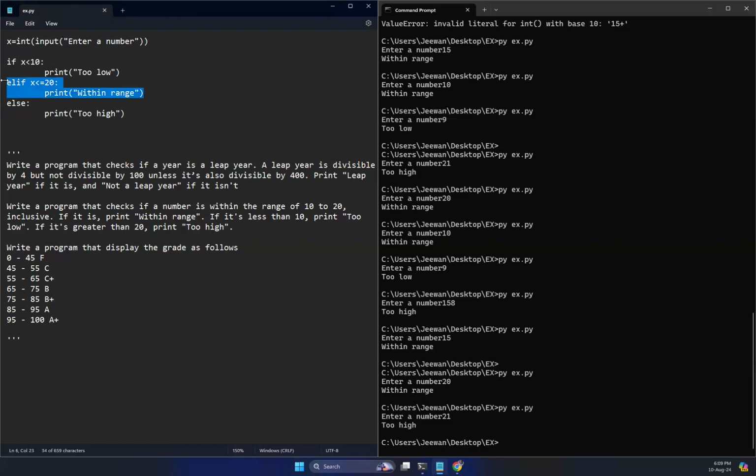Even if this is not true, that means what? The number is above. If this is false, that means what?